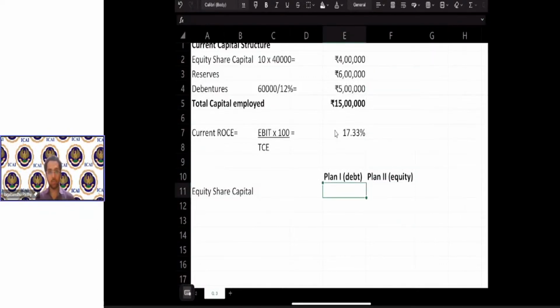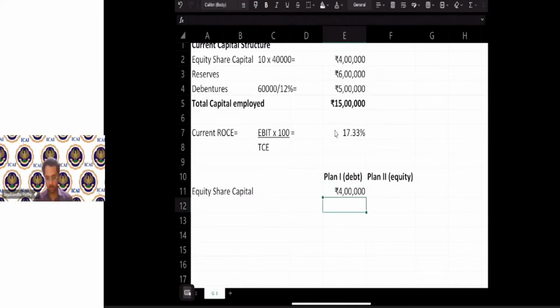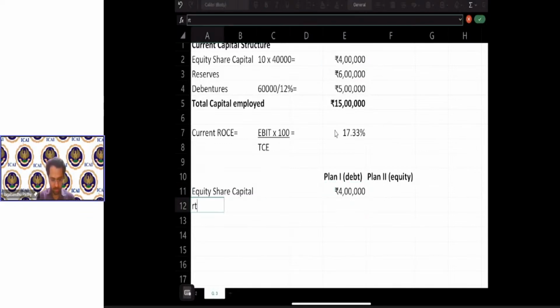Now, equity share capital in case of the first plan, since it is debt, originally whatever equity you had is going to remain. And of course, we'll have the reserves and the debentures also. So debentures, which is the old debentures, and this is going to be the new set of debentures.